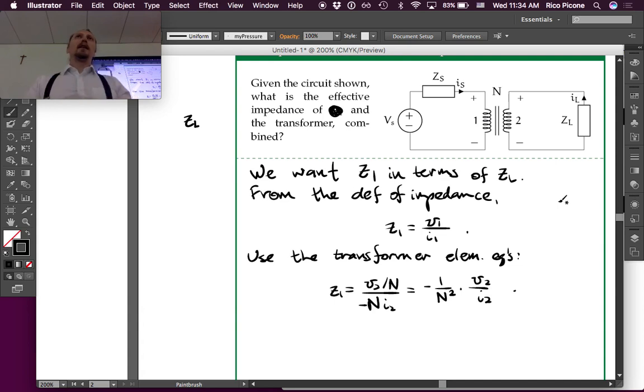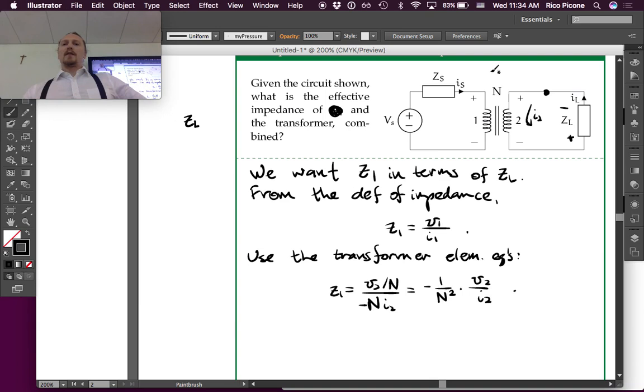But now we're in the same loop as the load, right? And I put the sign on here, so we have to stick with it, that the current flows in this direction, and the voltage drops in this direction for the load. So I did it so that the current IL going into this node is equal to the current I2 leaving the node, right?